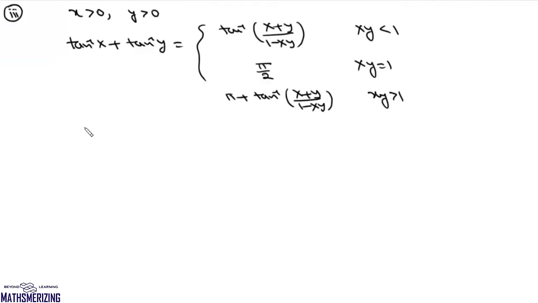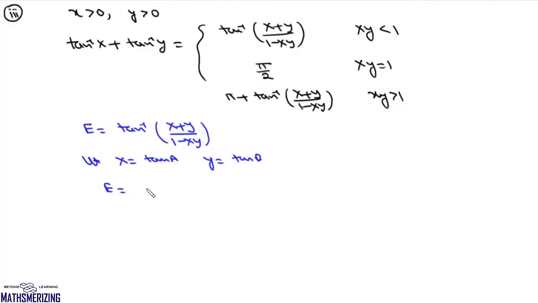So again, we'll start with this expression, which is E, and that is tan inverse of x plus y upon 1 minus xy. Now we'll let x as tan a and y as tan b. So we'll get this expression as E equals tan inverse.